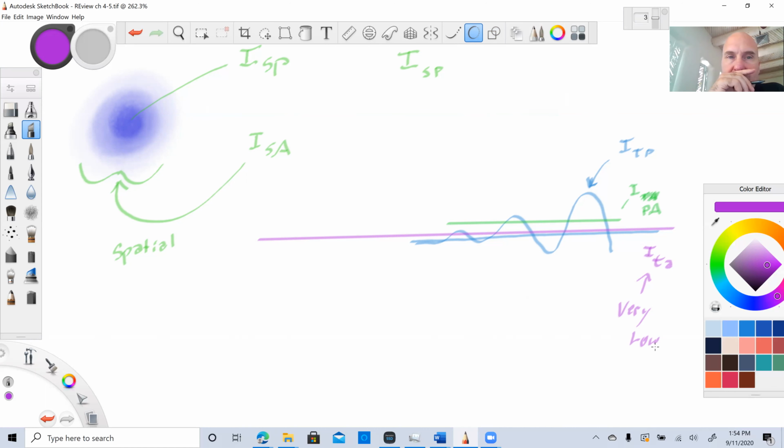Let's see, what was the most important one? Well, the strongest one is the intensity, spatial peak, temporal peak. Imax is an oddball, don't worry about it. The lowest intensity would be spatial average, temporal average, SATA. And what was the most useful one?